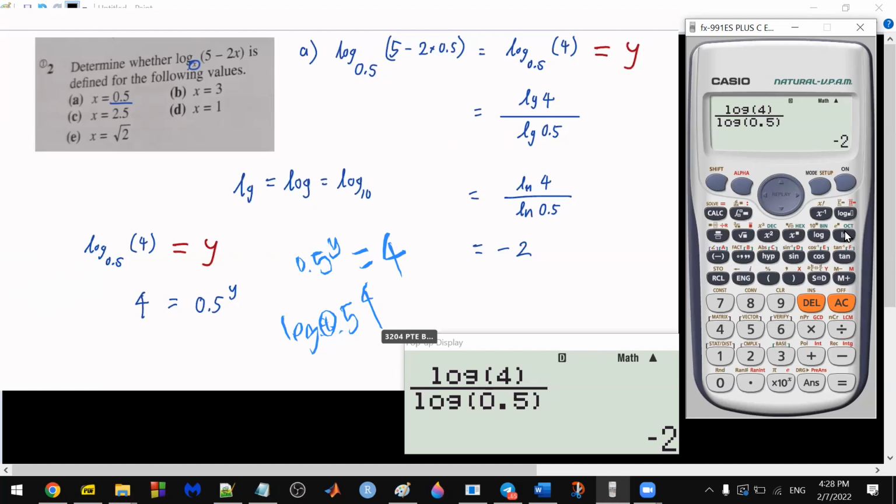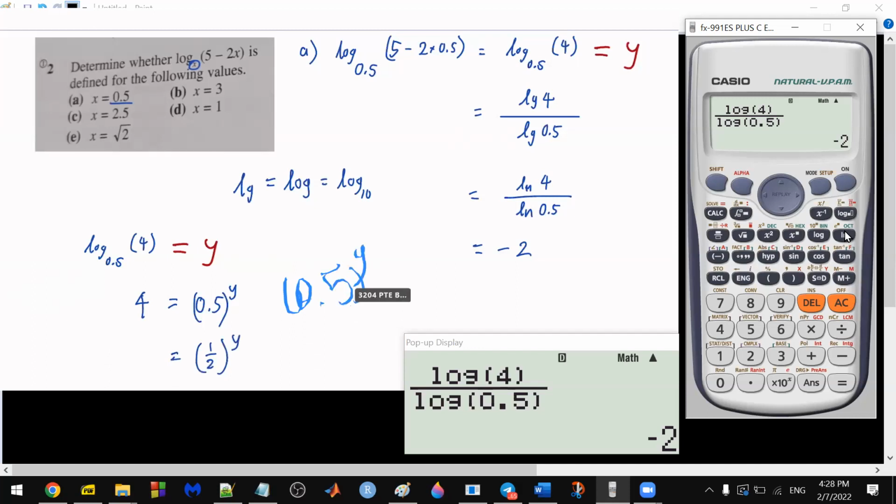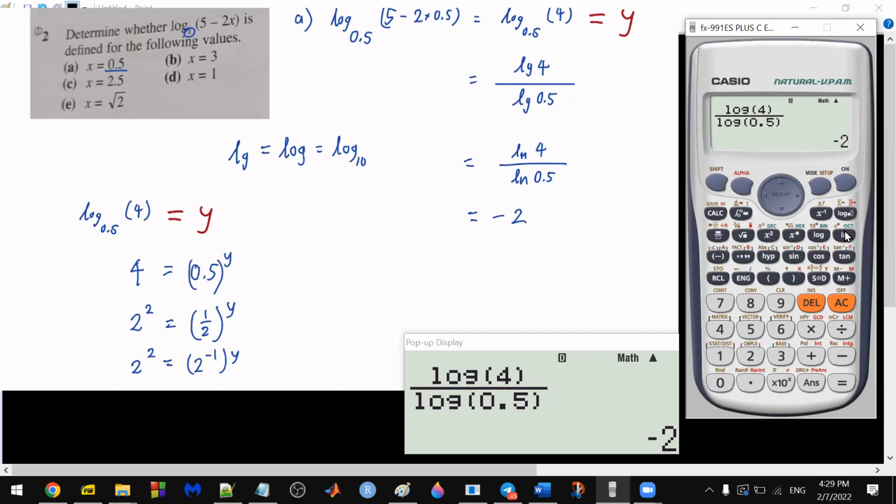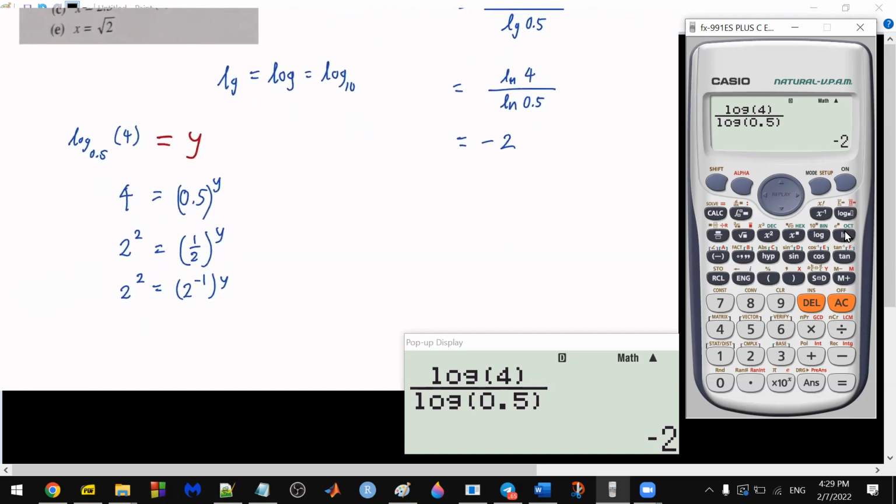What is 0.5 power y? It's really just half power y. Half is 2 power -1, right? 4 is 2 square. So 2 square equals to 2 power what?